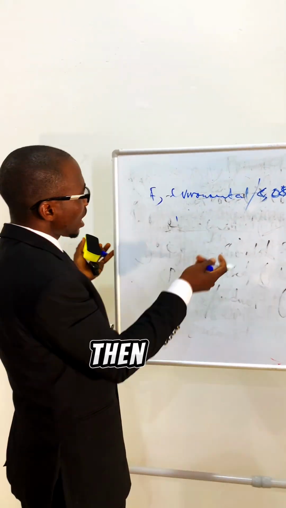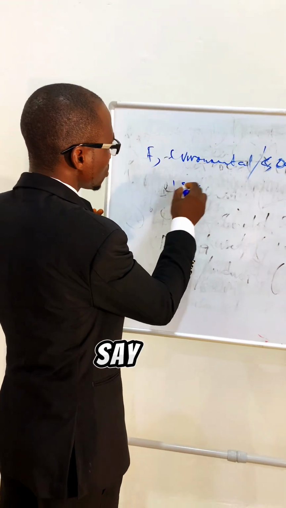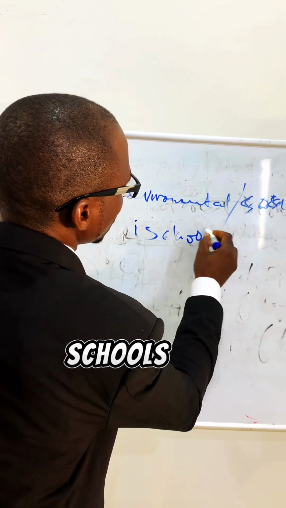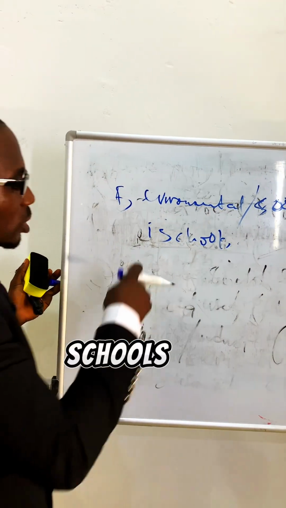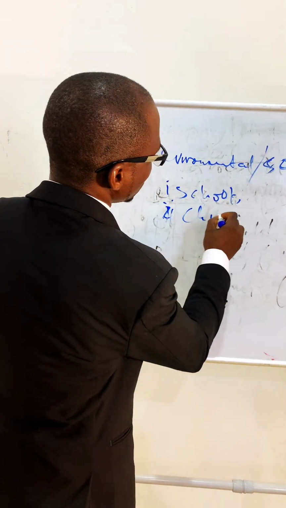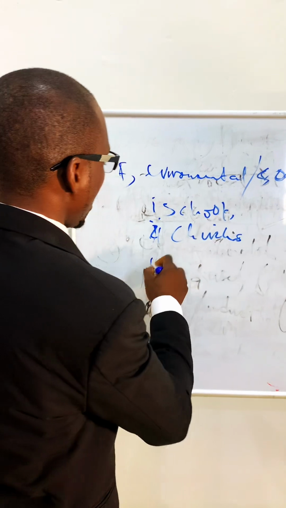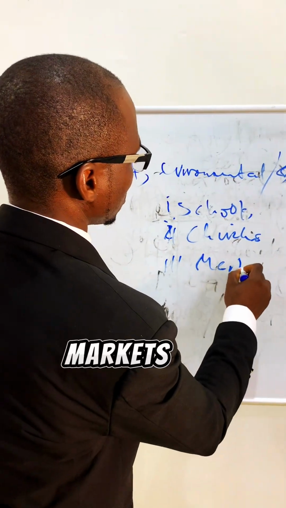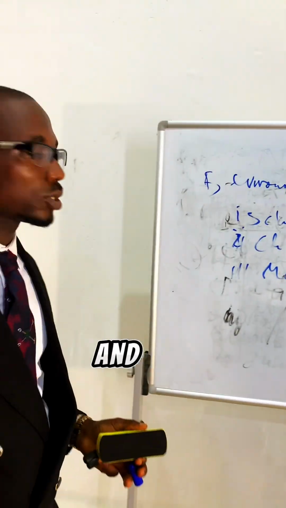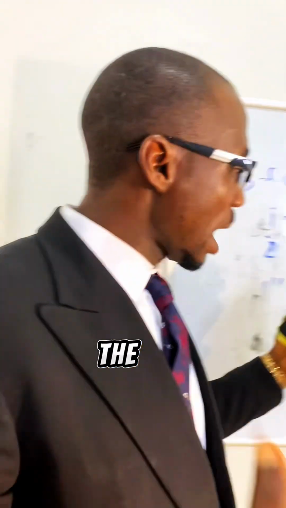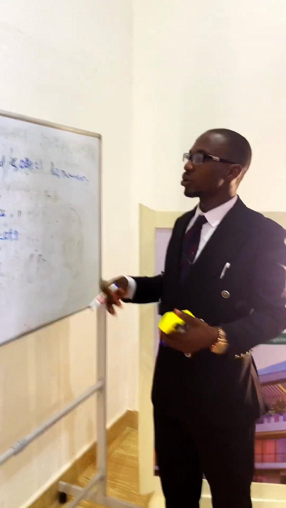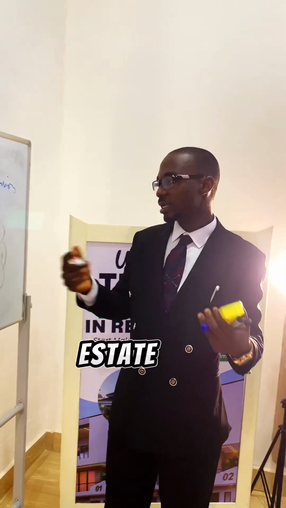Then you have something like schools, proximity to schools, something like churches, markets, and so on and so forth. So these are the major 5 dimensions when it comes to real estate development, or real estate, or the use of land in general.